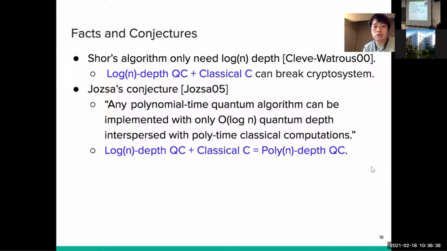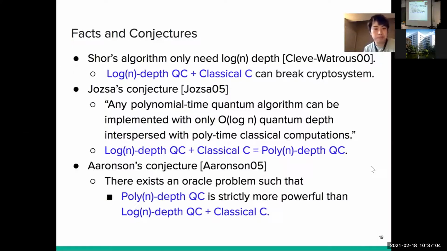After that, Richard Jozsa in 2005 conjectured that any polynomial time quantum algorithm can be implemented with only log n quantum depth interspersed with polynomial time classical computation. So it implies that a log n depth quantum computer plus a classical computer is equivalent to a polynomial depth quantum computer.